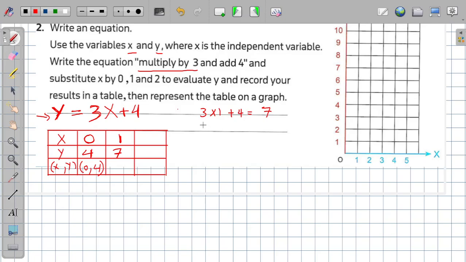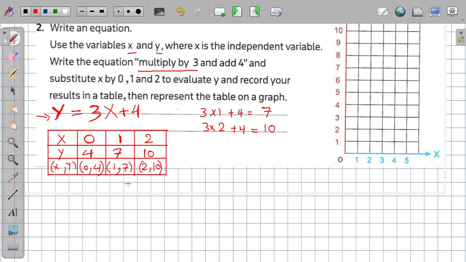So next I have 3 times 2 plus 4 because x equals 2. So 3 times 2 is 6. 6 plus 4 equals 10. Okay, so when x equals 2, y equals 10. So here I have 1 and 7, and here I have 2 and 10.